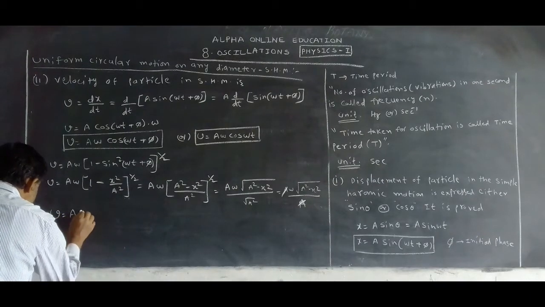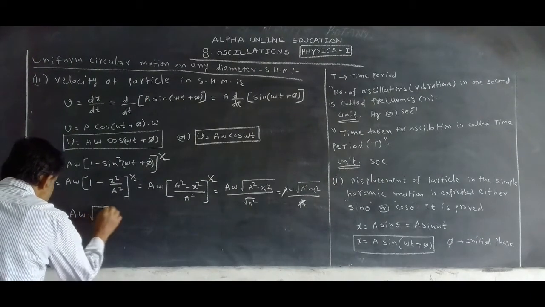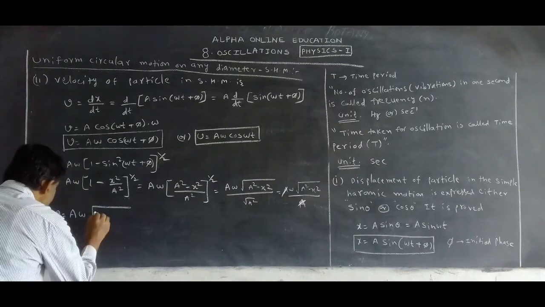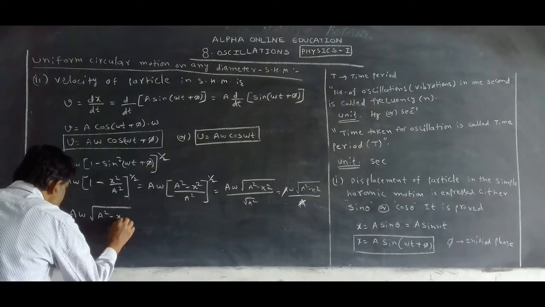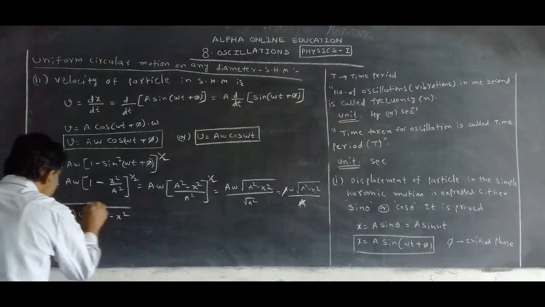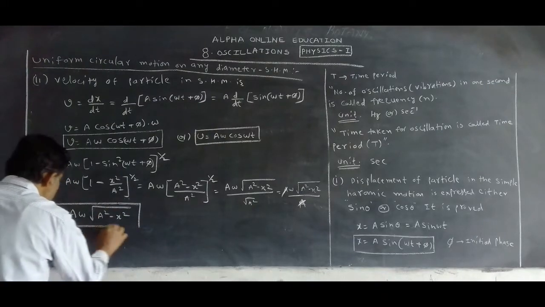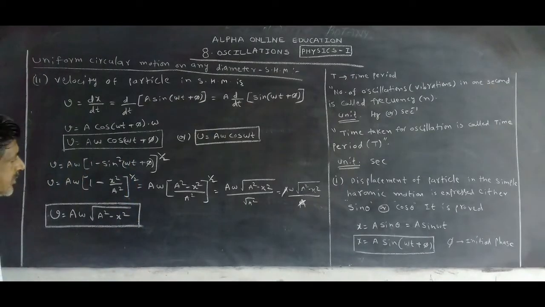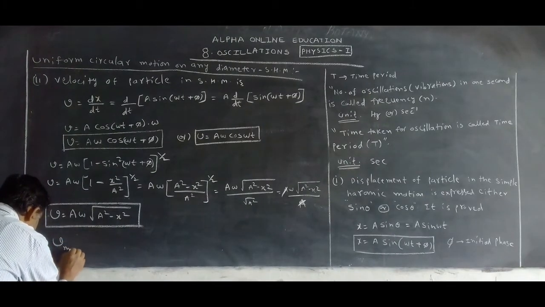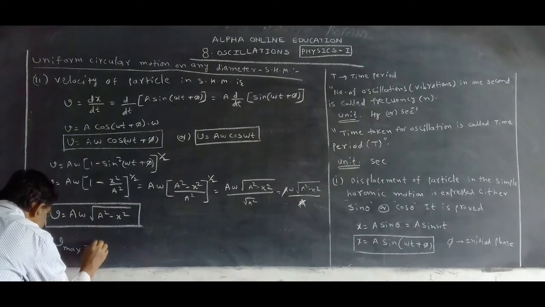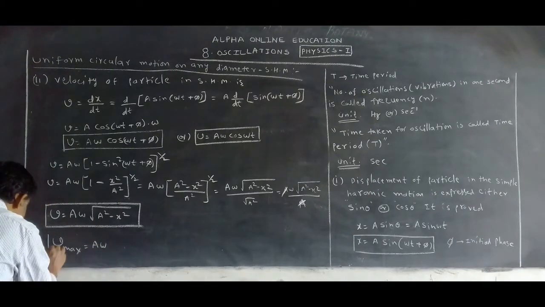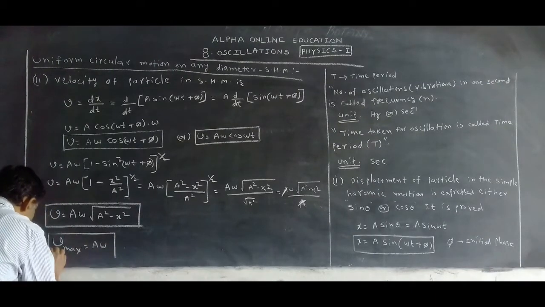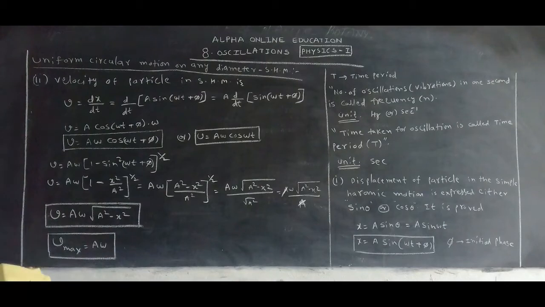V is equal to a omega root (a square minus x square). This is another equation for the velocity of the particle in SHM, and V maximum is equal to a omega. This is another formula.